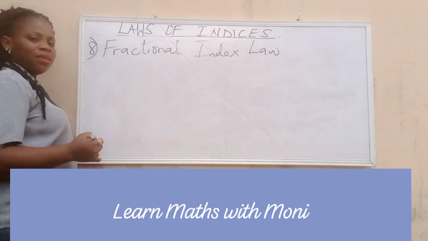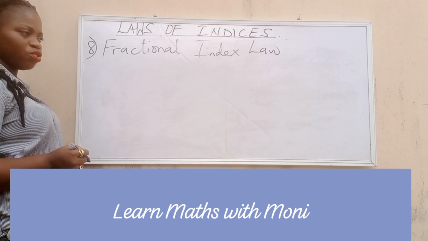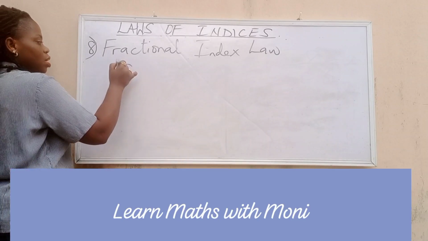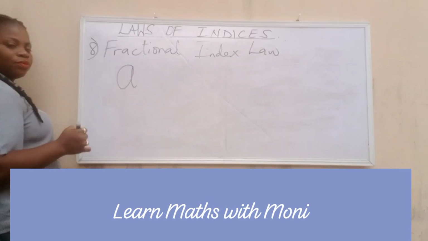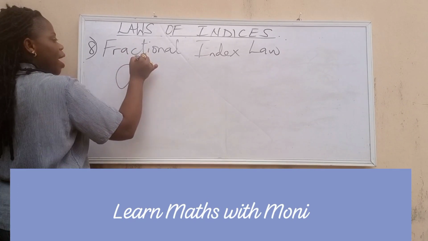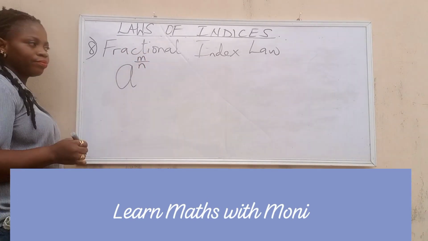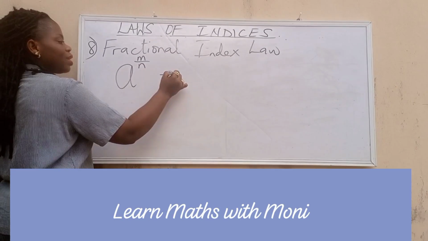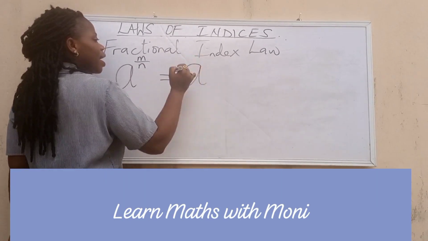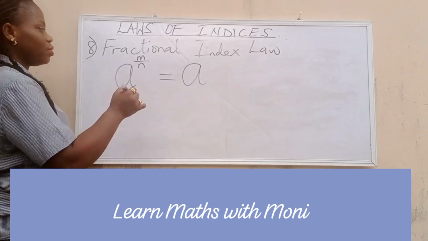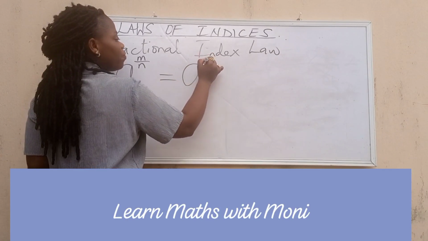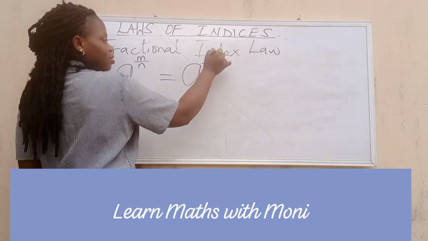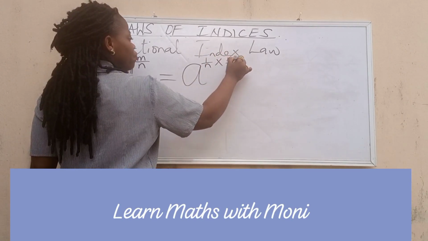The fractional index law is very similar to the root law. Look at it. When I have a raised to power m over n, we know that m over n can be written as 1 over n times m over 1.